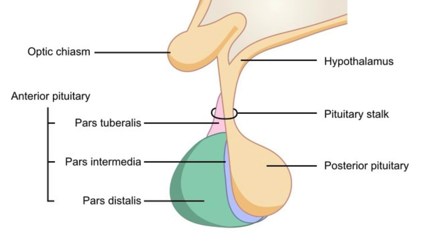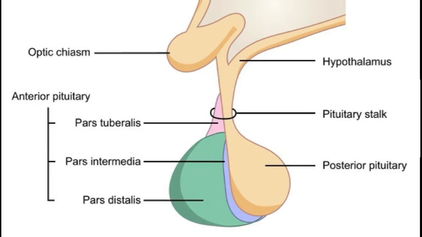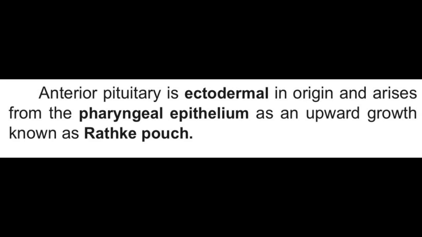Now, based on embryology, based on development, the anterior and posterior pituitary gland are different. They have different histology and different development because they are bilobed, which means they originate from two different places.